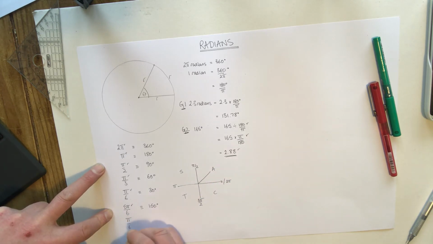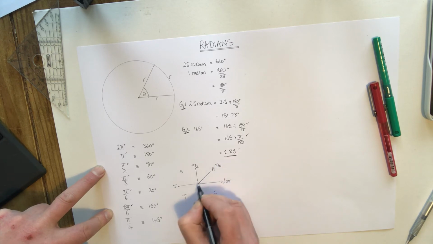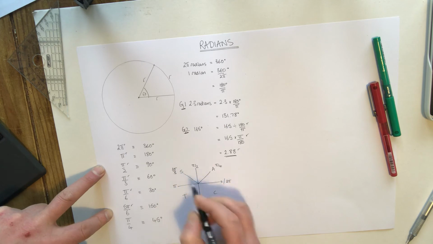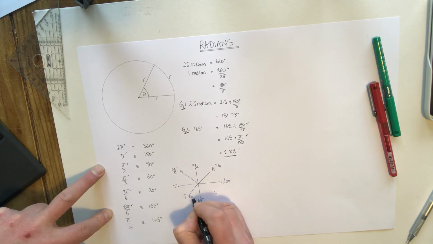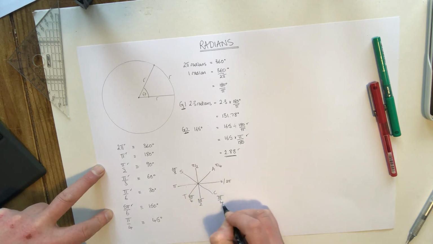Let's add that to our list. Pi over 4 is 45 degrees. Pi over 4, this is 3 pi over 4, 4 pi over 4, 5 pi over 4, 6 pi over 4, and 7 pi over 4.